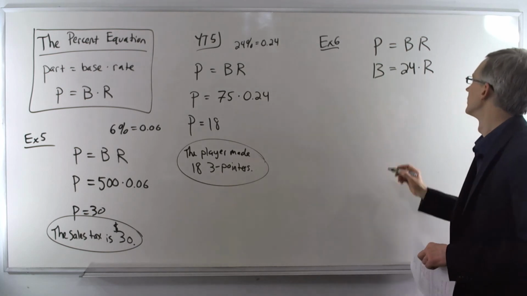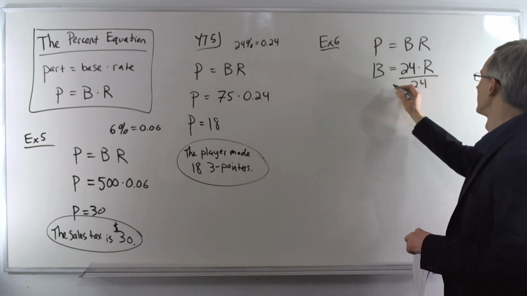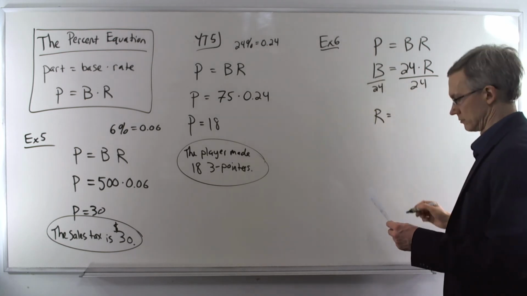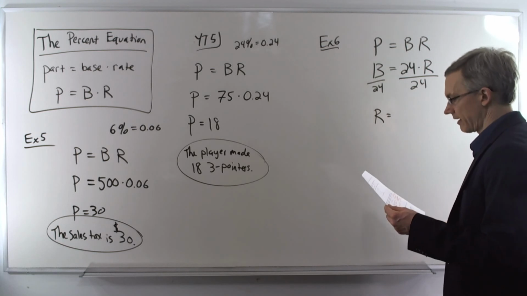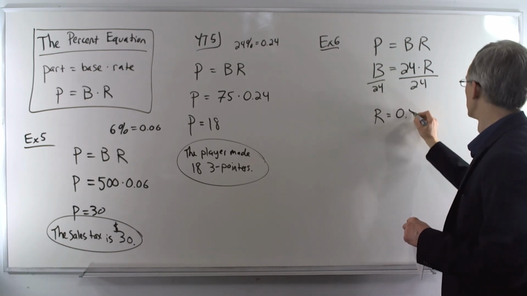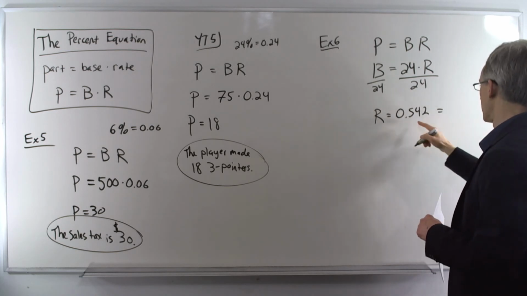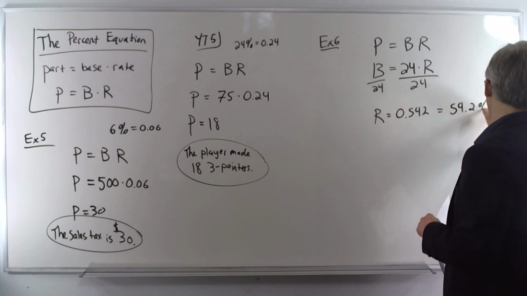All right, now to solve for R, divide both sides by 24. And that gives us 0.542. And then converting that to a percent, move the decimal to the right, and we get 54.2%.